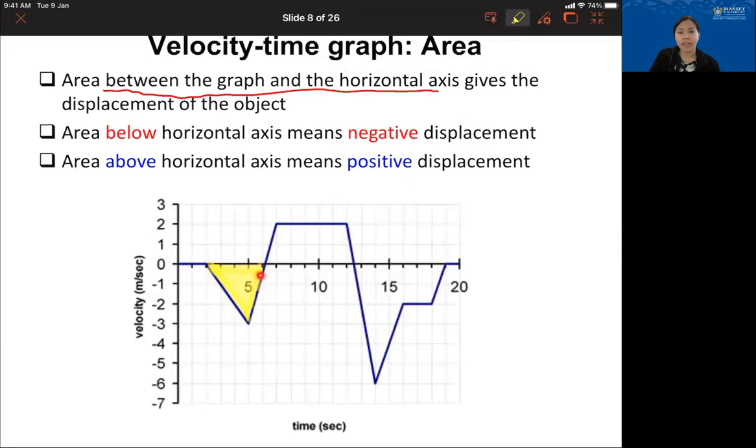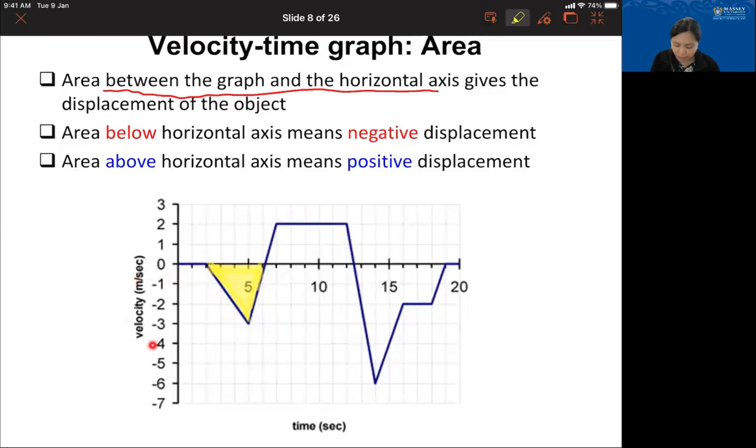Okay. And if the area is below the horizontal axis, that means that the displacement is negative. Okay. So this area here I've shaded with yellow, it's below the horizontal axis. So that means if you get the area of this shaded part here, that will give you a negative value, and that means that the displacement is negative.